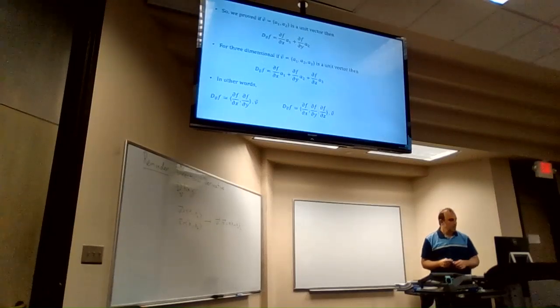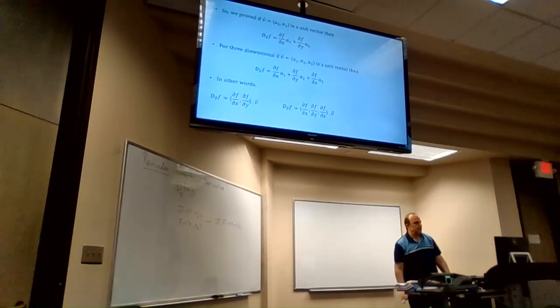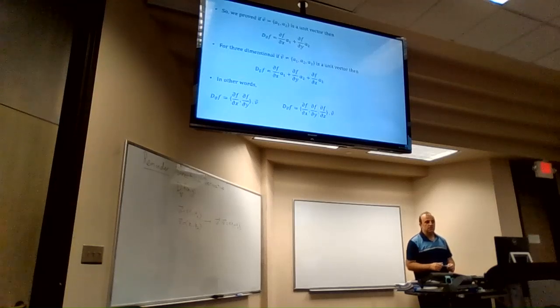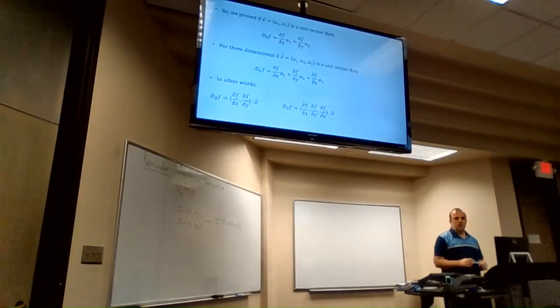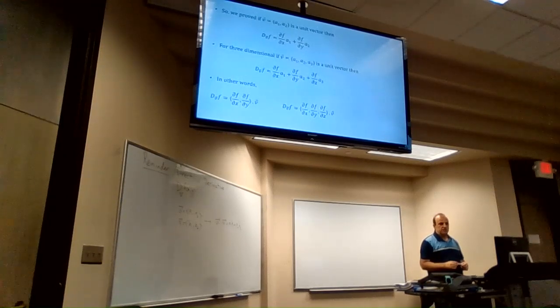As you see, the equation on the top in the dot product form will be the equation on the lower left part of the screen, and the second equation in dot product form will be the equation on the lower right part of the screen.